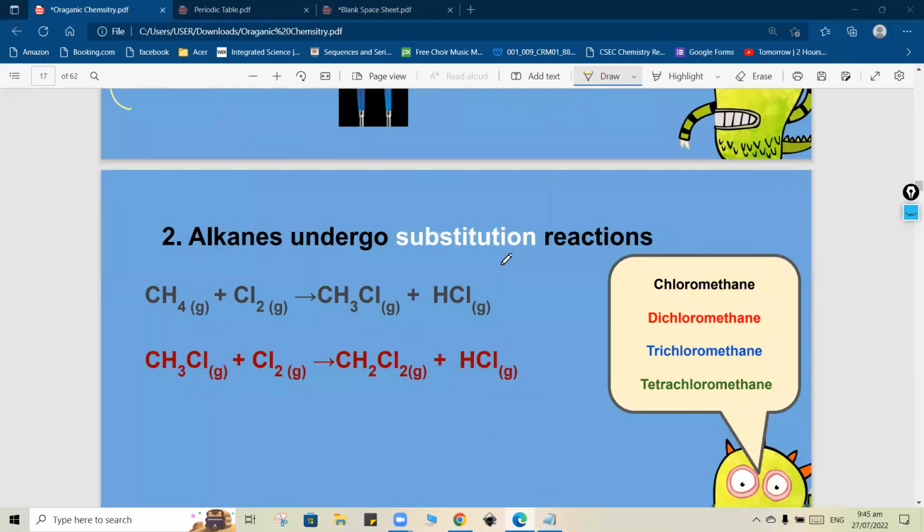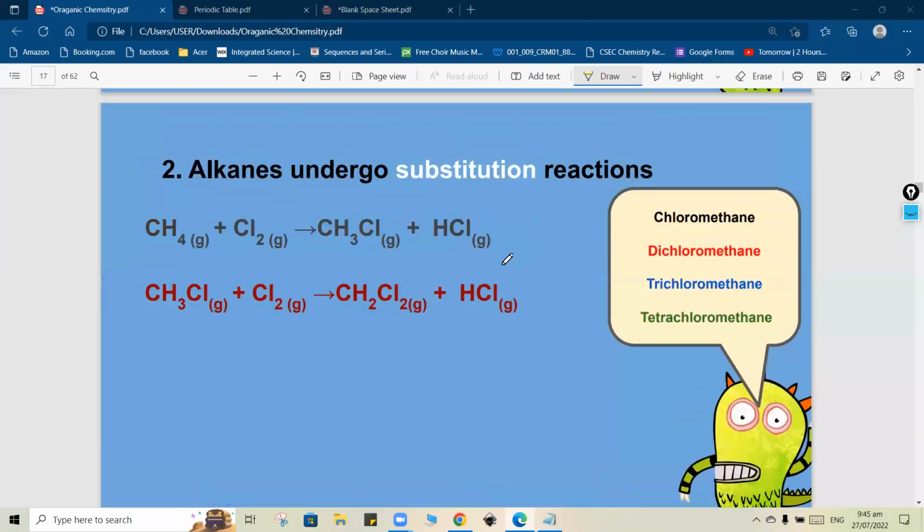The other one, and this is going to take a while, and of course, just by looking at it, it looks scary. I will take my time with this one. Alkenes undergo something called substitution reactions. Let's take a few seconds and analyze, what does substitution mean? Let's pretend there's a game of football. Let me say Brazil is playing the world's best team, Germany.